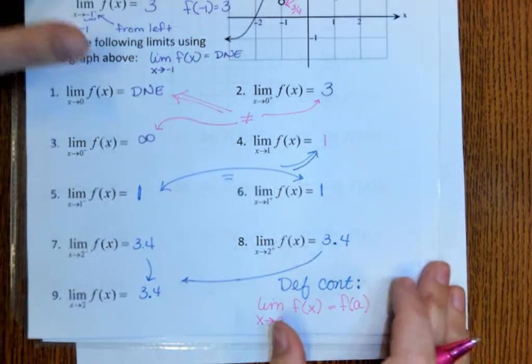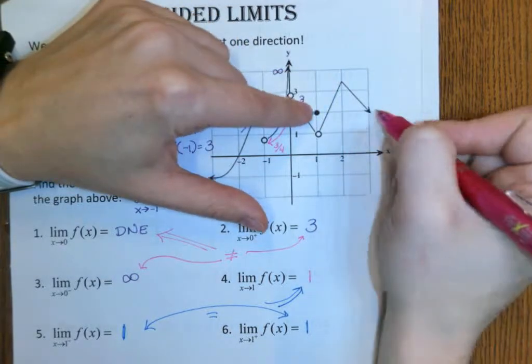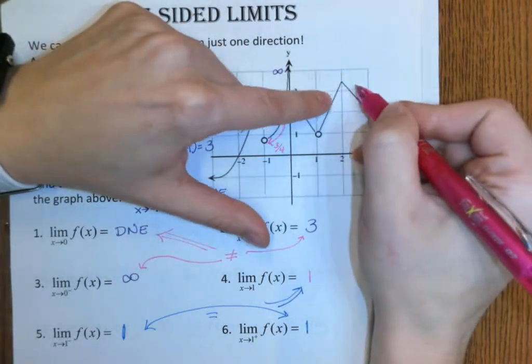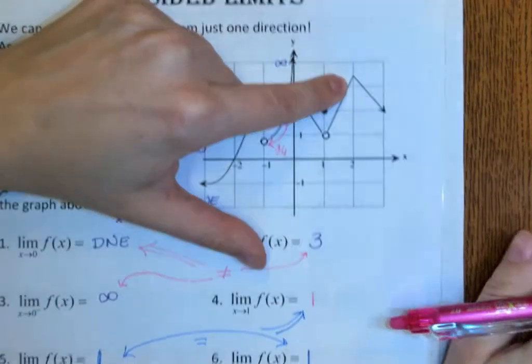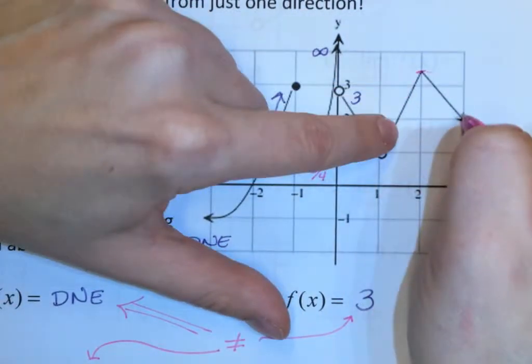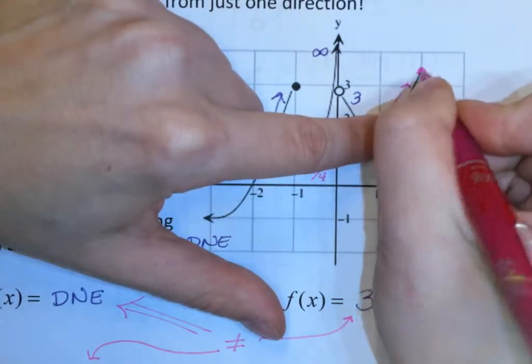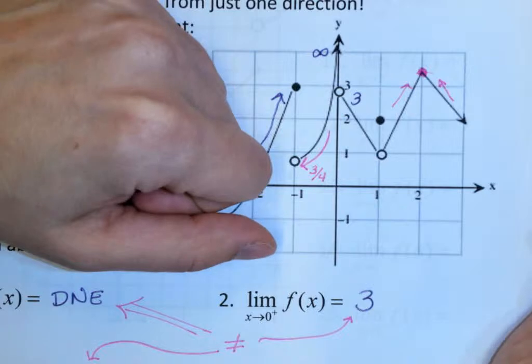So if I were looking at this picture here, at 2, the overall limit, so both directions come to that place that's about 3.4, right? Left and right go to 3.4, and the point there is 3.4.